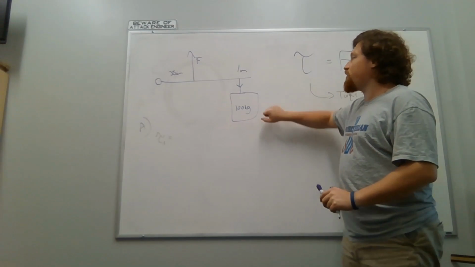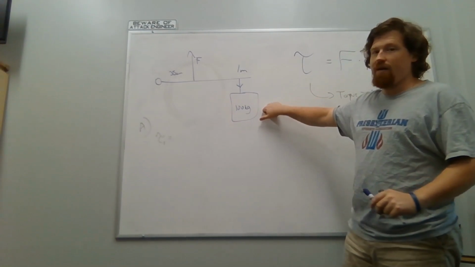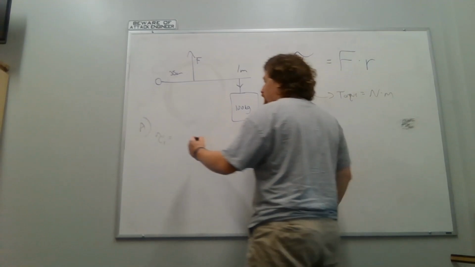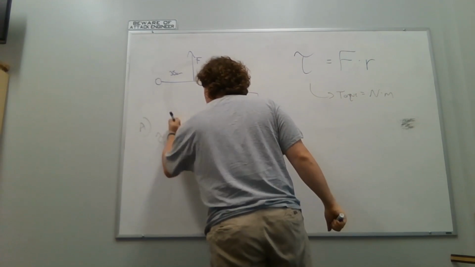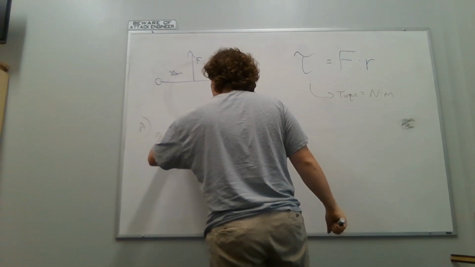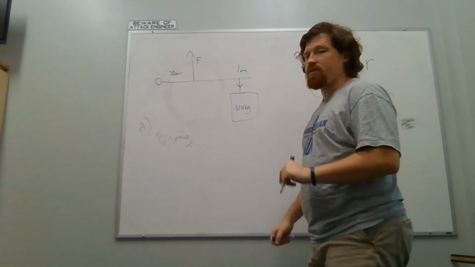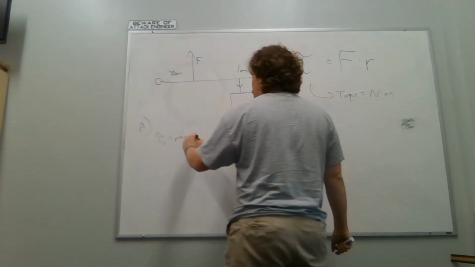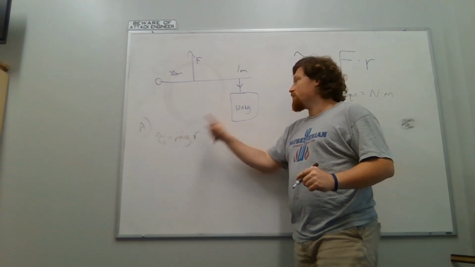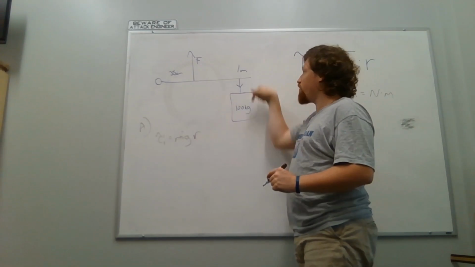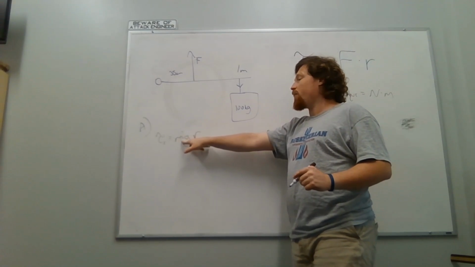So the force in question is going to be equal to the weight of this object. And the formula we use to find weight is the object's mass times 9.8, and so this right here is just the force applied. So the weight of this object is what's going to pull down on the end here. This is how we find that weight.